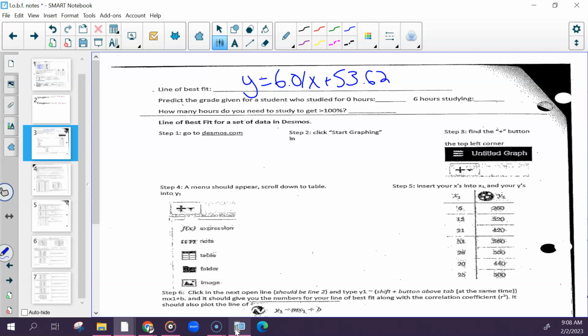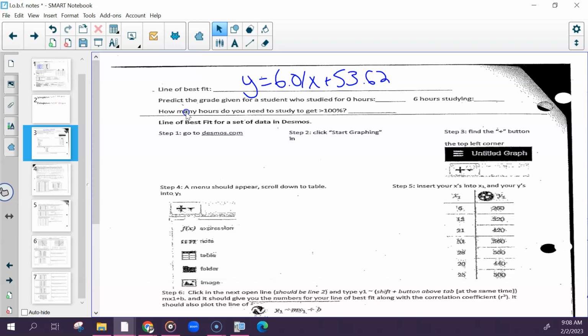After we find that, then we use our calculator to predict different stuff. Like predict the grade given for a student who studied for 0 hours. So this part is like written, my handwriting on your sheet. I don't think it's on this. So if you want to write these in your notes, you can.